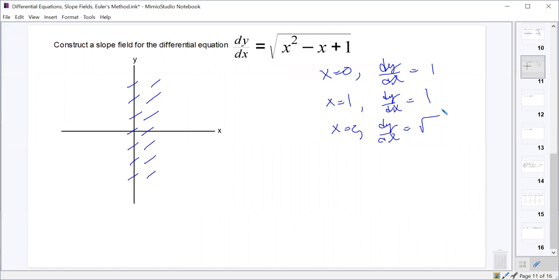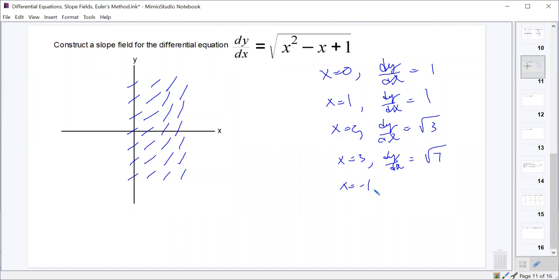Should have been square root of what? 3. Square root of 3. So a little bit steeper. And as we continued, larger x values, dy/dx just kept getting larger, right? x equals 3 gave us root 7, so this was even steeper. And we just kept getting steeper and steeper as we went to the right.